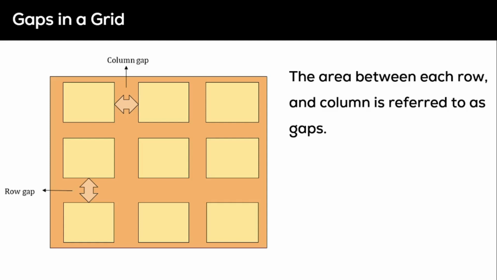Then another important terminology is column gap. We are going to see it is also very important. So the gap between 2 columns is column gap, and then the gap between 2 rows is row gap.